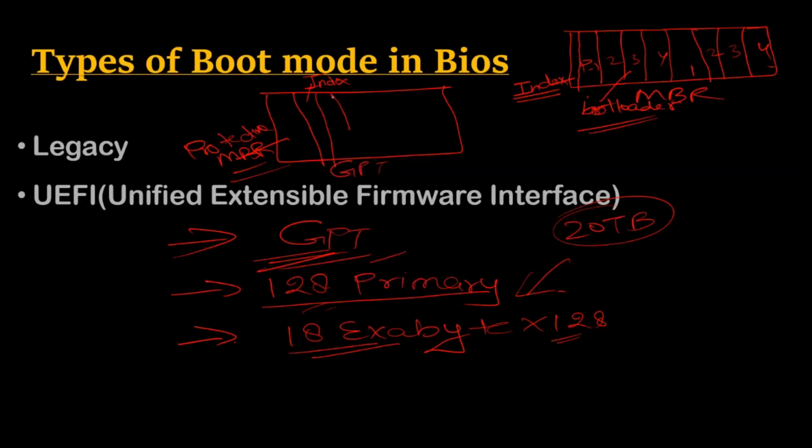Here we can create 128 partitions, so we have a bootloader for the 128 partitions. That's the bootloader. After that, your physical partitions. This is 128 partitions.